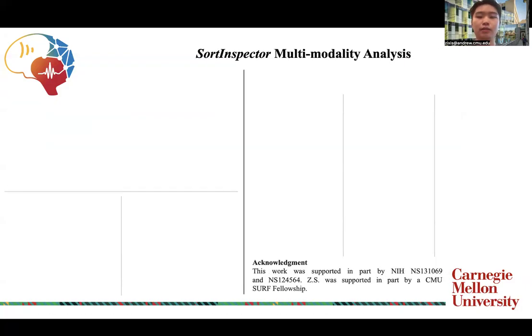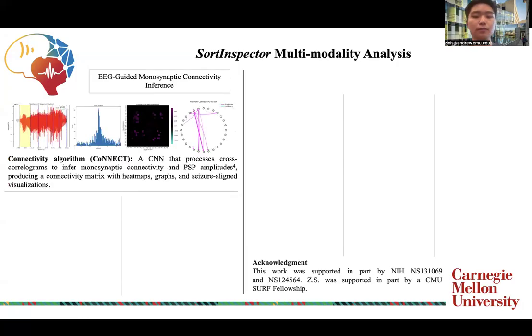Building on the single modality foundations, Sort Inspector integrates modalities to uncover cross-scale relationships. First, we have EEG-guided monosynaptic connectivity inference. Using the Connect algorithm, we infer monosynaptic connectivity and postsynaptic potentials, visualized as matrices, heat maps, graphs, and even seizure-aligned views.